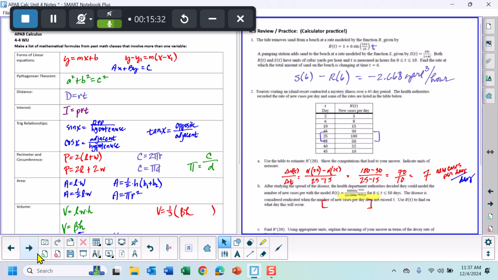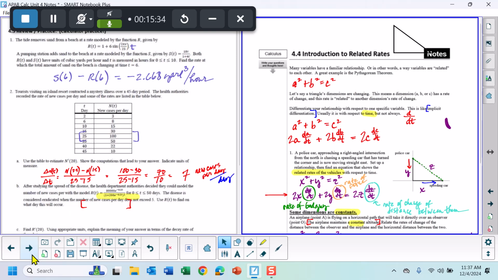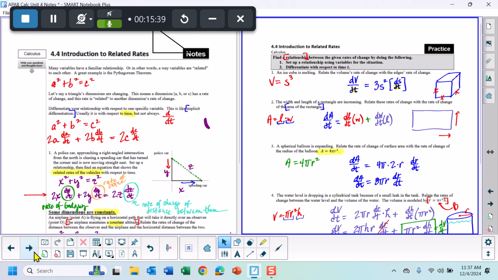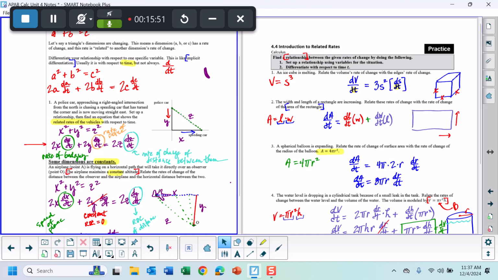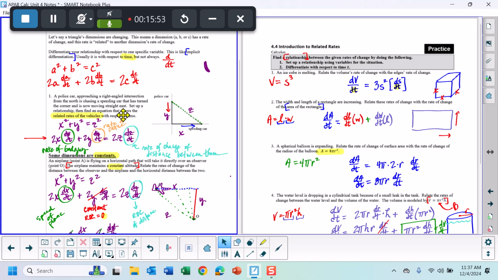All right, so we went ahead and we did another calculator question problem. In 4.4, we're talking about an introduction to related rates, and we're talking about setting up a scenario that's true. Some of you are going to be grumpy with me about your Pythagoras conversations on the quiz, because if you're asked to set up a relationship between the variables, you have to make sure you consider all the variables that you have.